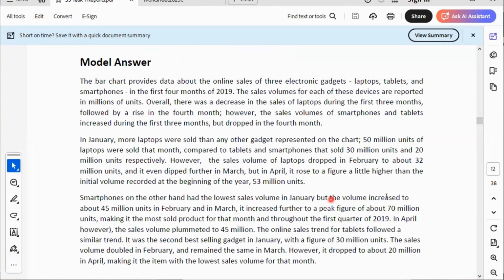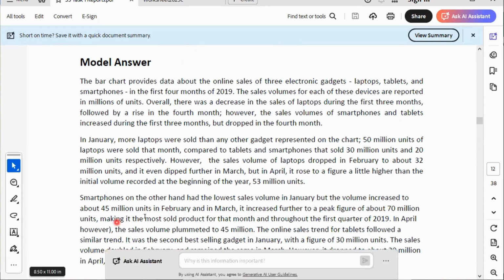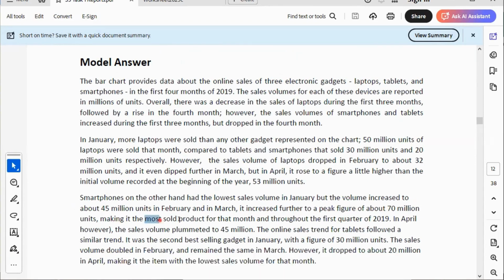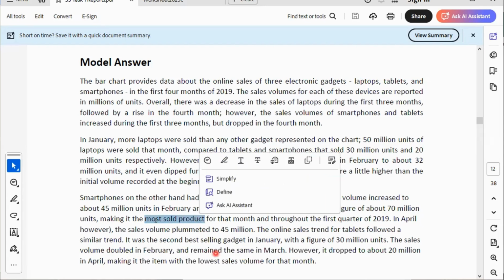But the volume increased to about 45 million units in February. And in March, it increased further to a peak figure of about 70 million units, making it the most sold product. That sounds like you are comparing. Or you can say making it the best seller. What's the meaning of bestseller?